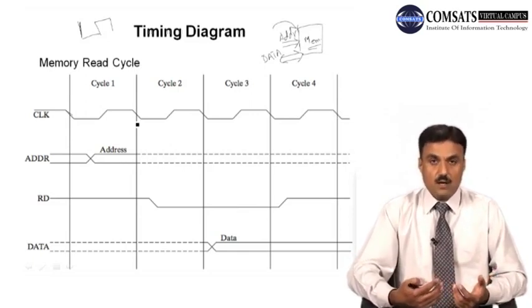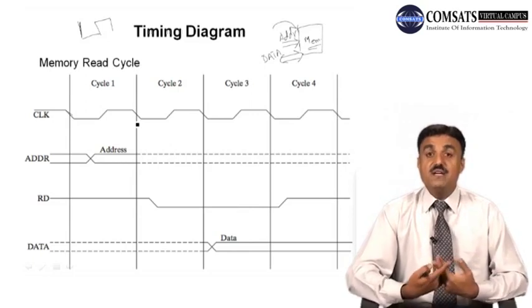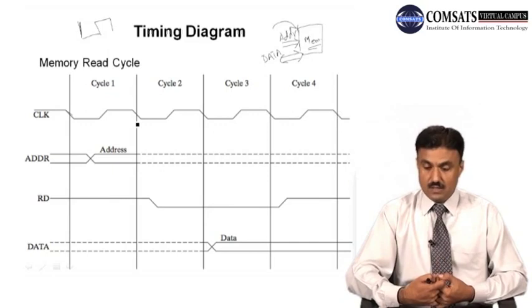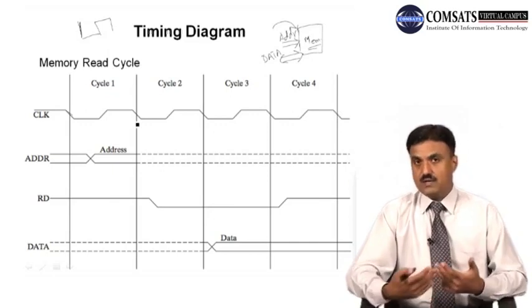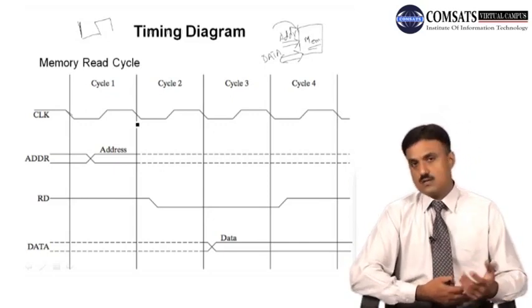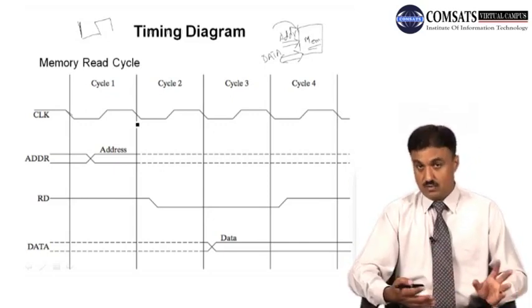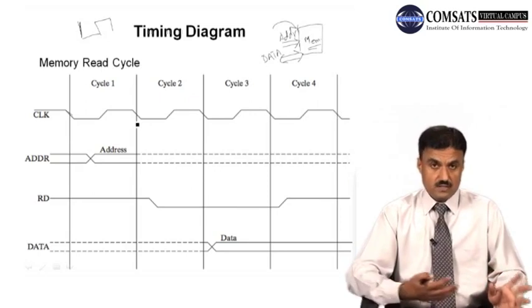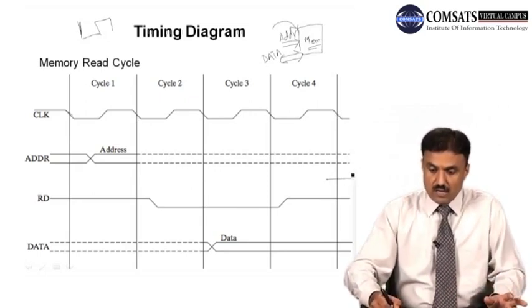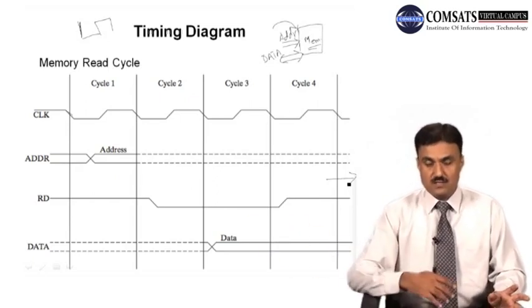This is the timing diagram of how the memory read cycle works, how we read data from memory. After reading data, maybe this value is transferred to a register or so on. We are not concerned where this data will go. If we know that, then this timing diagram will be further extended.